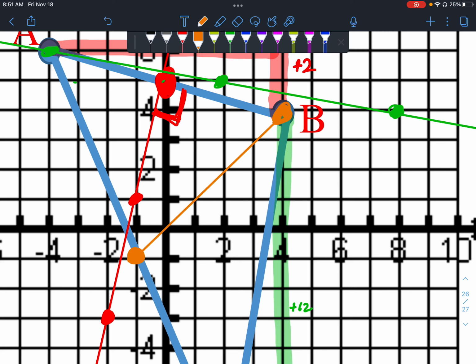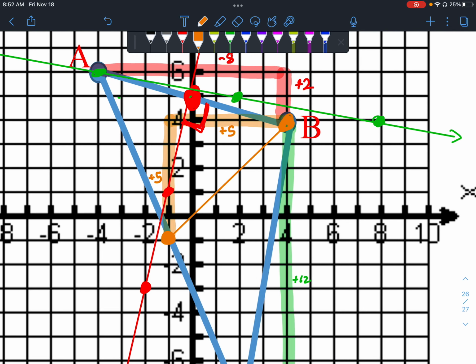This is where I'm a big fan of counting. To get from one point to the other, how far do I have to go up, and how far do I have to go to the right? If I count this, 1, 2, 3, 4, 5, going up I've got a +5. If I go to the right, 1, 2, 3, 4, 5, I also have a +5 for that one as well. Your slope is the rise over the run.